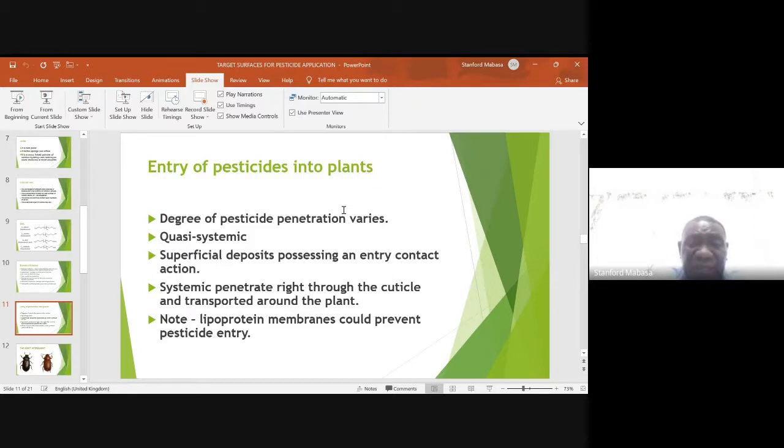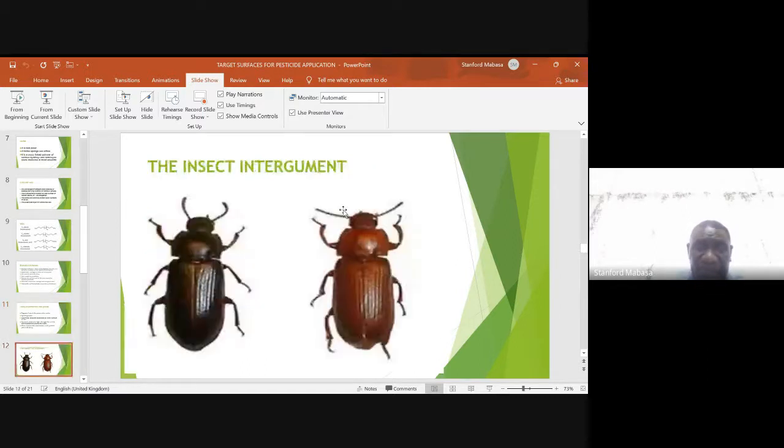Systemic, unlike the quasi-systemic, penetrates right through the cuticle and is translocated around the plant. Please note that lipoprotein membranes could prevent pesticide entry. So this was about the plants.